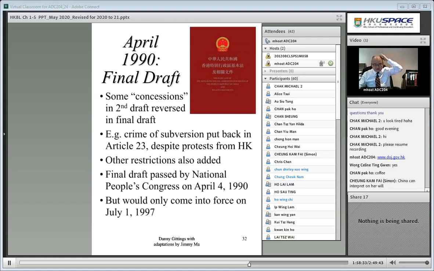So final draft 1990, and April was the month when the National People's Congress met. The National People's Congress meets only once a year, usually over a period of 7 to 9 days.